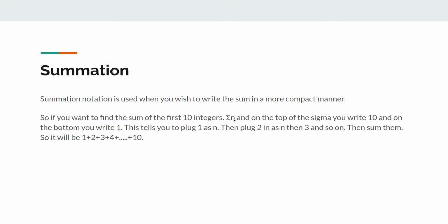What it tells you is that your sum starts at n equals 1, then goes to n equals 2, then n equals 3, and so on, all the way to n equals 10. Then you just sum them all. That's what sigma notation tells you. So it's just going to be 1 plus 2 plus 3 plus 4 all the way to plus 10.